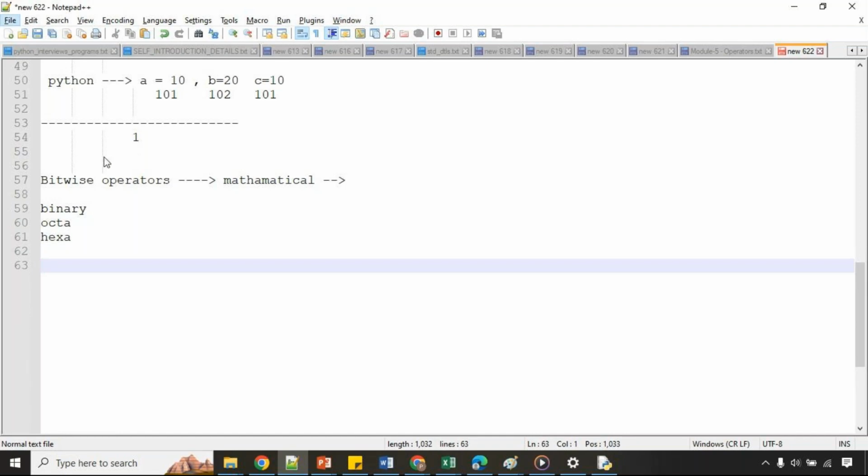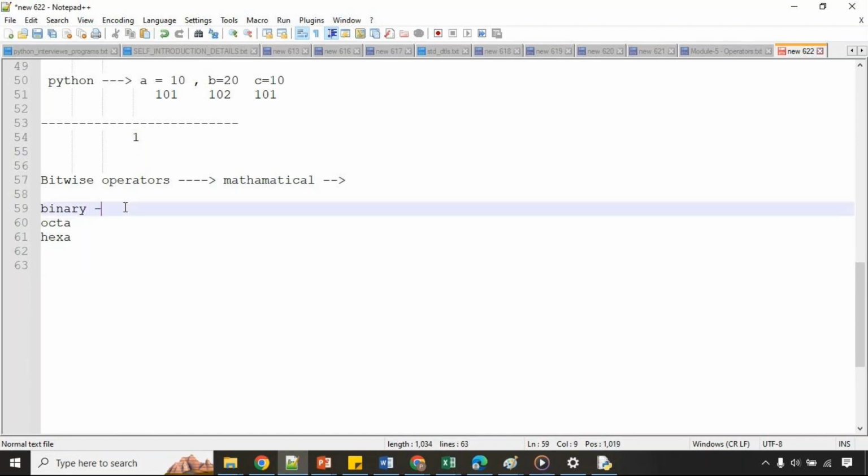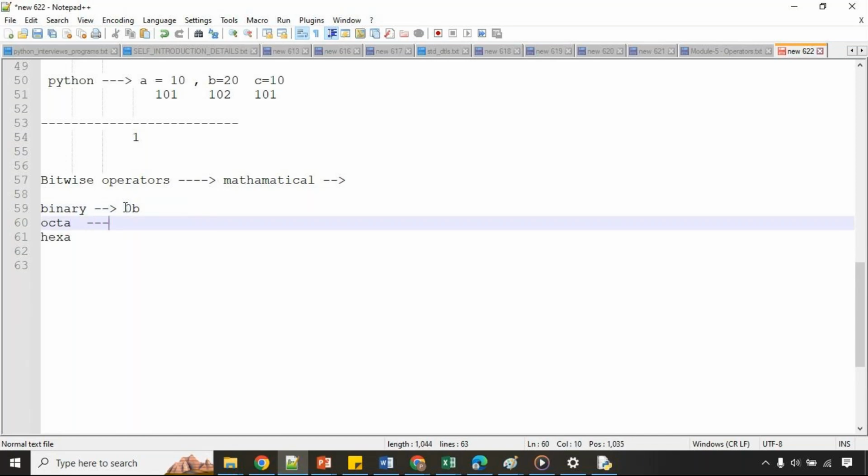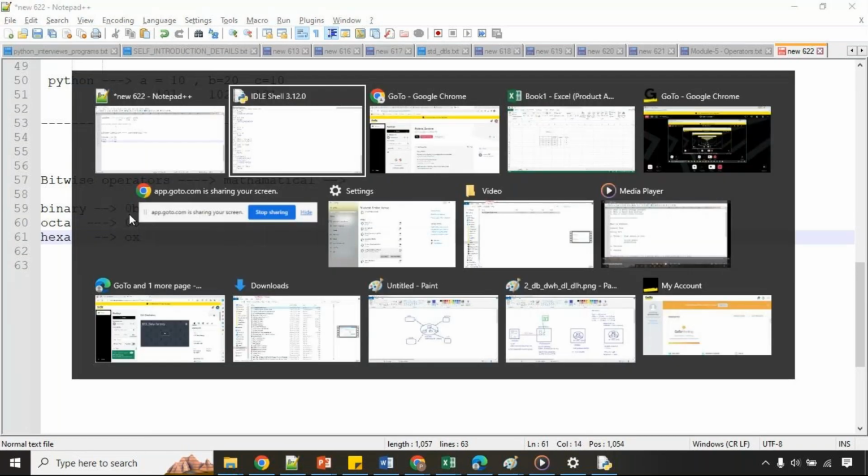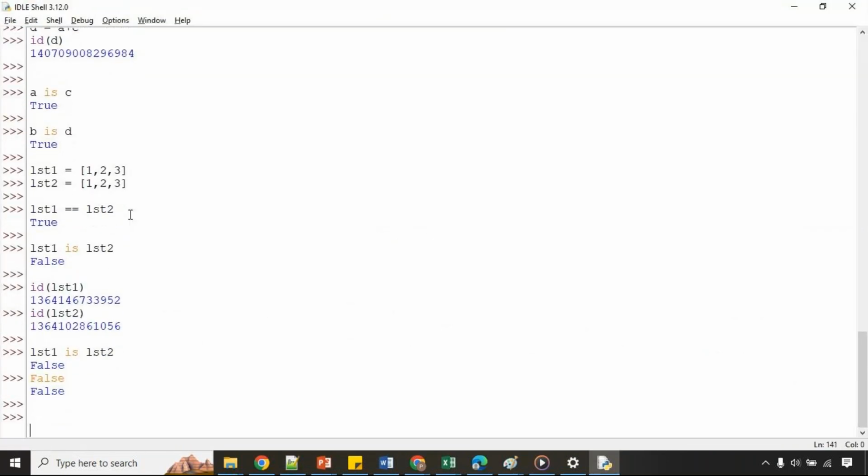Here in Python, for a binary number we specify 0b, octal number 0o, hexadecimal number 0x. a equal to 10.